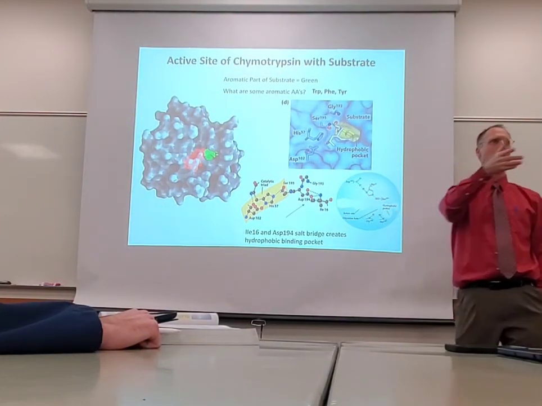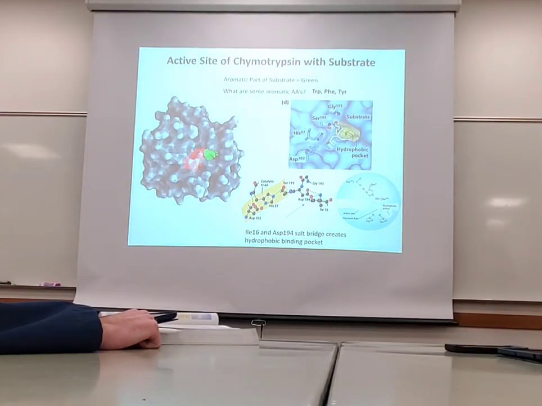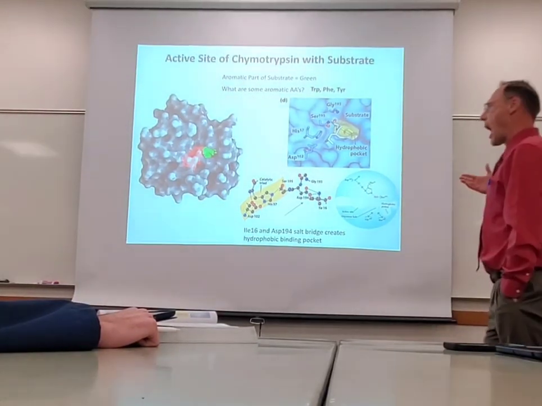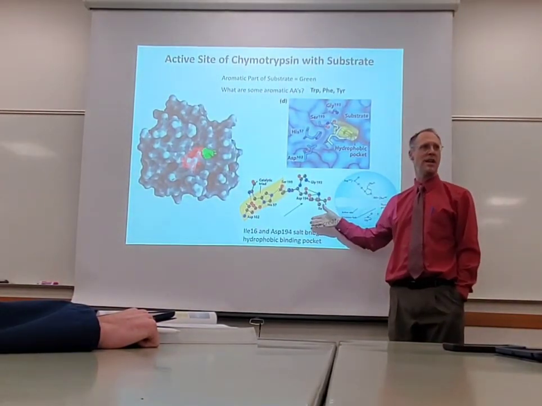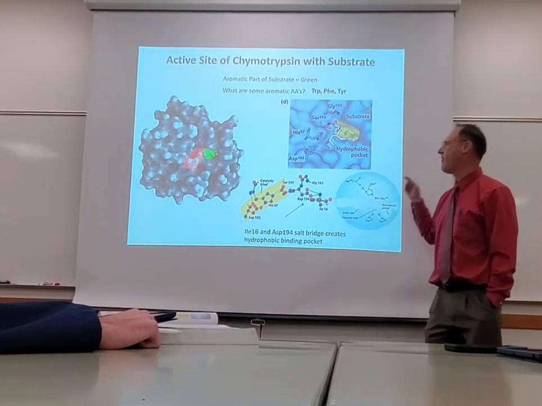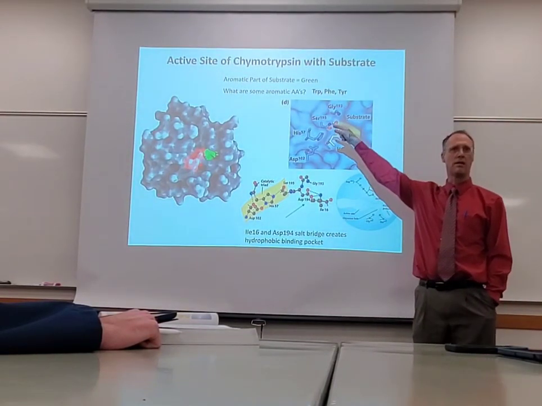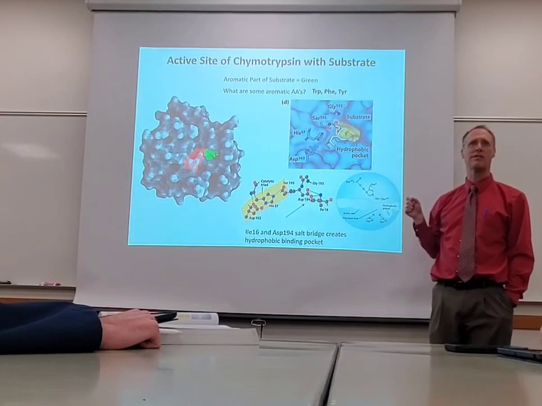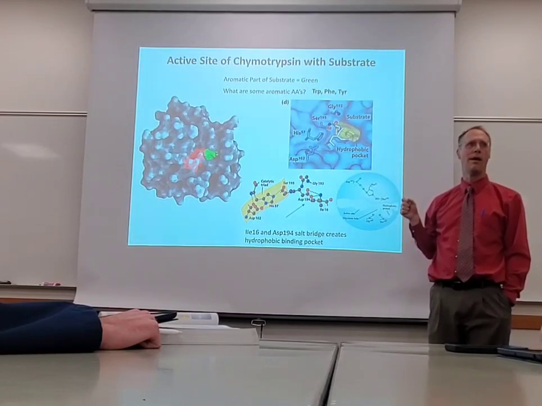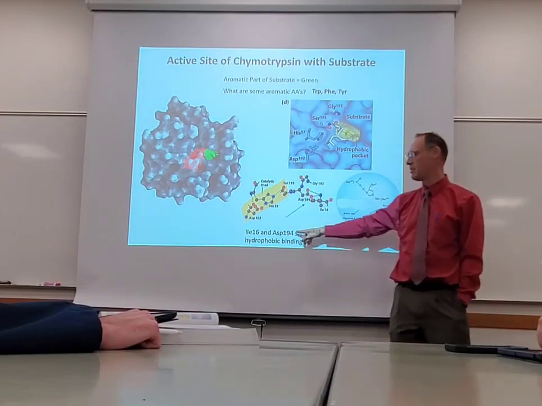Nothing on the R group, but its N-terminus is now exposed, which means it's positive. I can't have an active enzyme until I do what? Have a binding pocket for the aromatics. And the binding pocket for the aromatics doesn't exist until I do what? Cleave it so that I can have an N-terminus that will be protonated that will then stick to the aspartate.